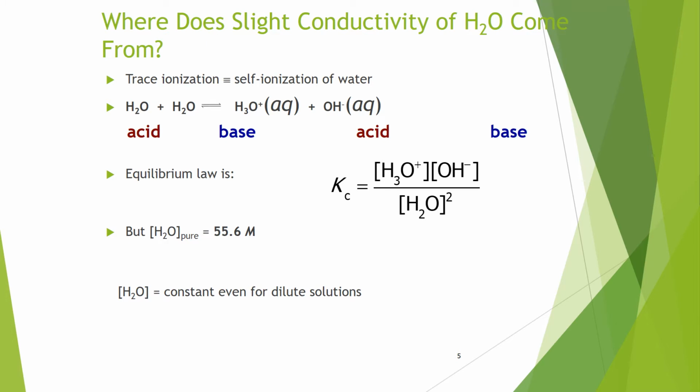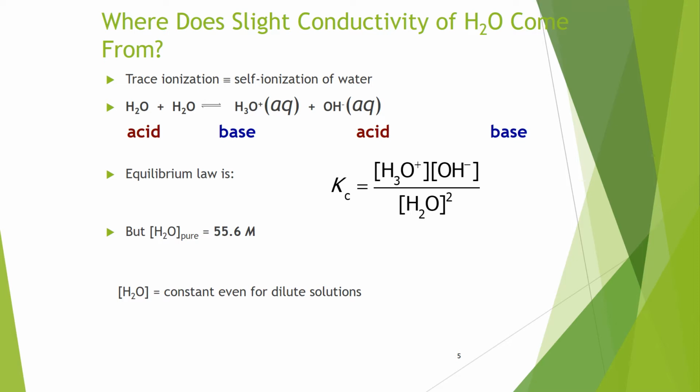And why does it give conductivity when you add electricity? It's because some of the water splits apart into ions, and ions can carry charge. Since it does split apart, this is an equilibrium expression. So we can write it as the product over the reactant: H3O plus, hydronium, and hydroxide, divided by the reactant, water, squared because there are two of them.